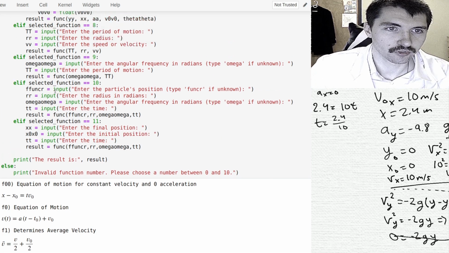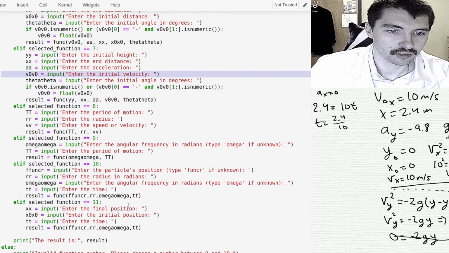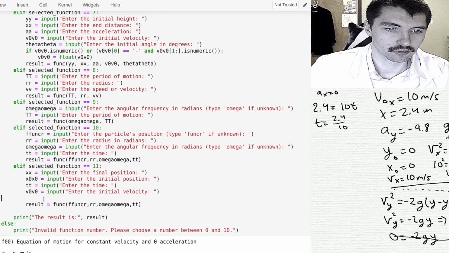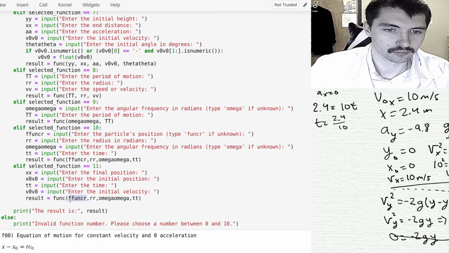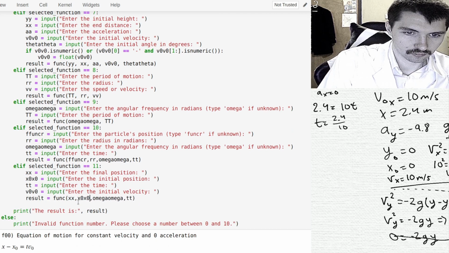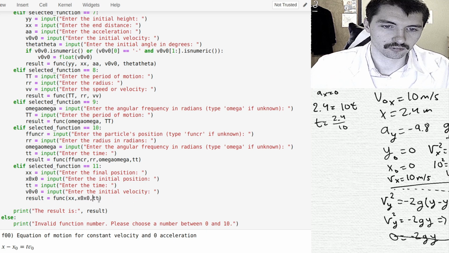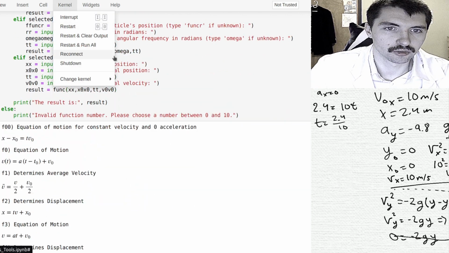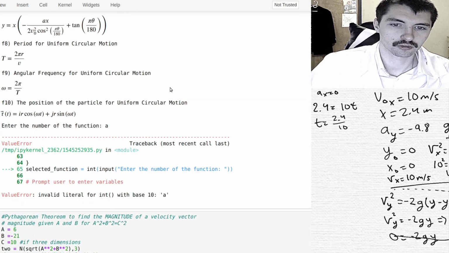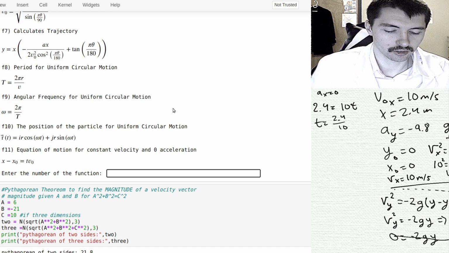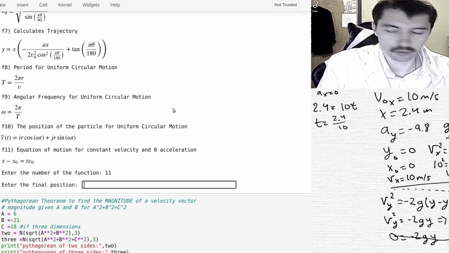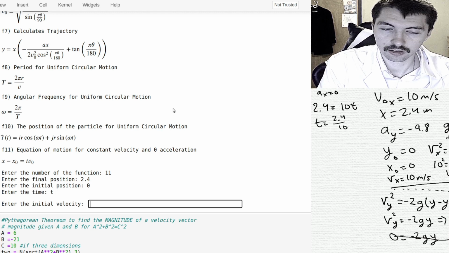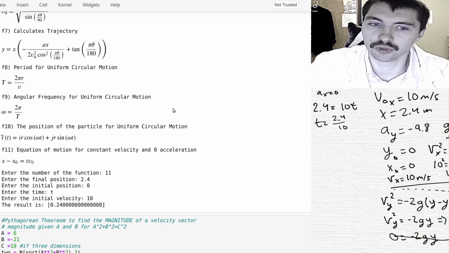T is the time. Okay, so I should be able to use equation 11. So 2.40, T, 10.24.